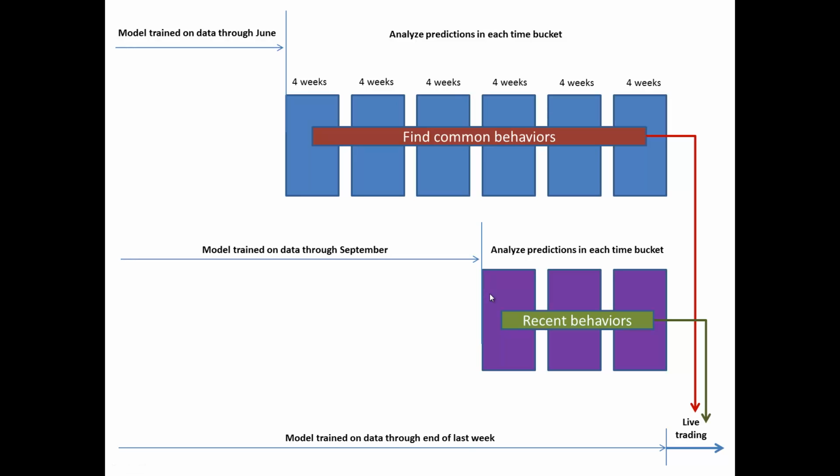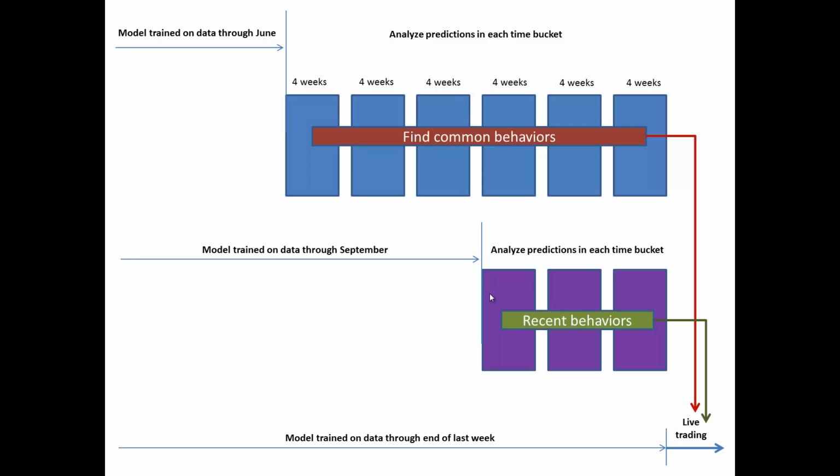And so it might end up being a net loss if you chose to trade that particular behavior. When I say behavior, what I'm talking about is the combination of price action and order flow that we give the machine as data to train on.